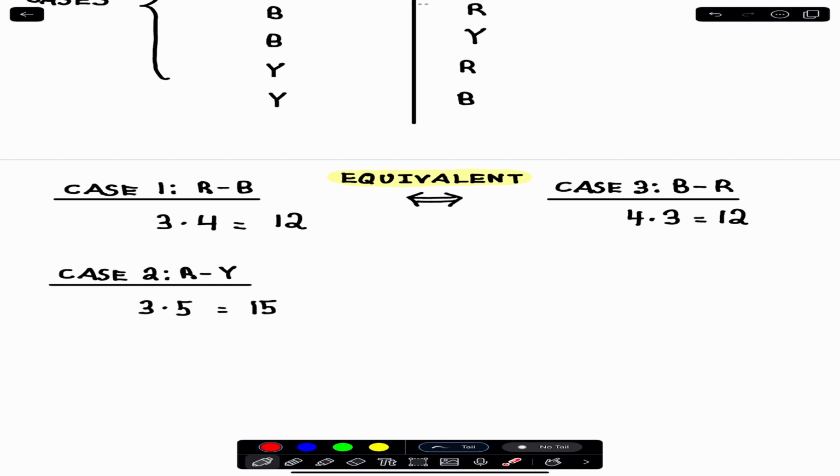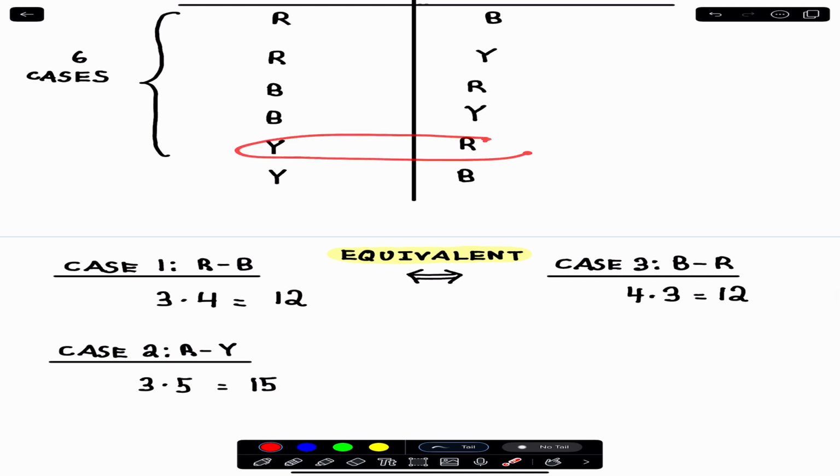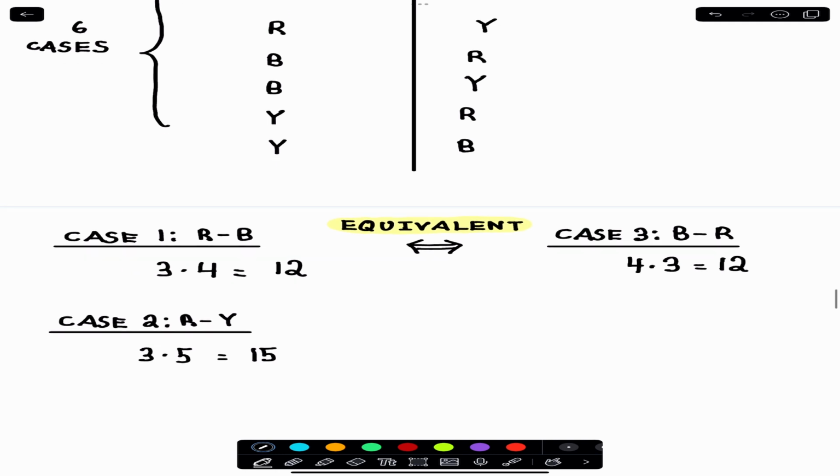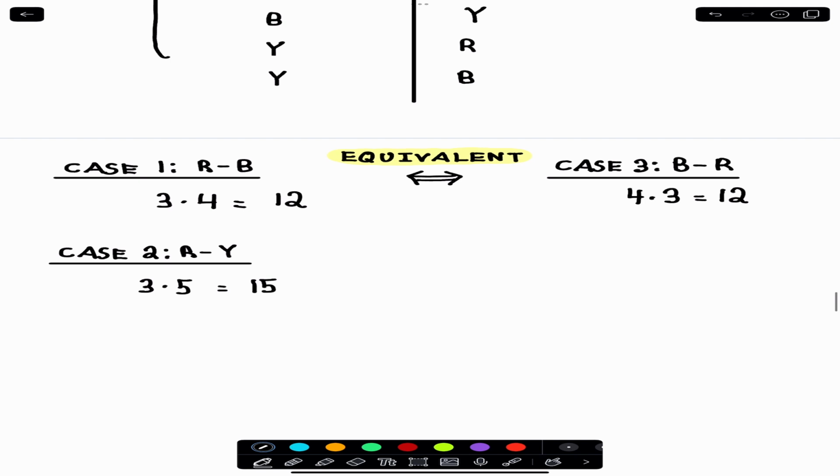This should help us because now we see that this case over here, red and yellow, is actually equivalent to yellow and red. So that certainly is going to save us a lot of time because now we know that in the yellow and red case, there are also 15 possible combinations.